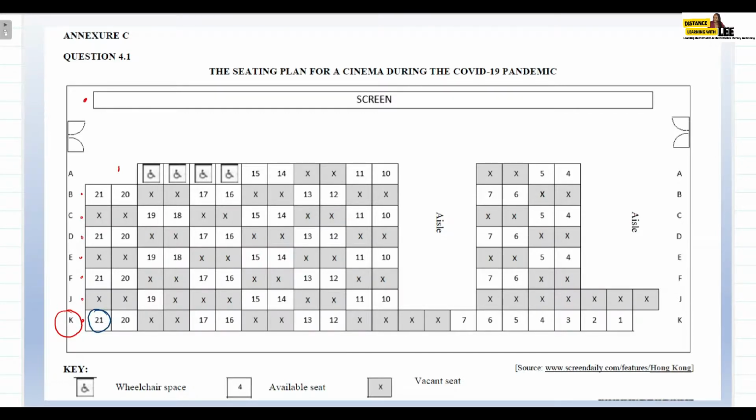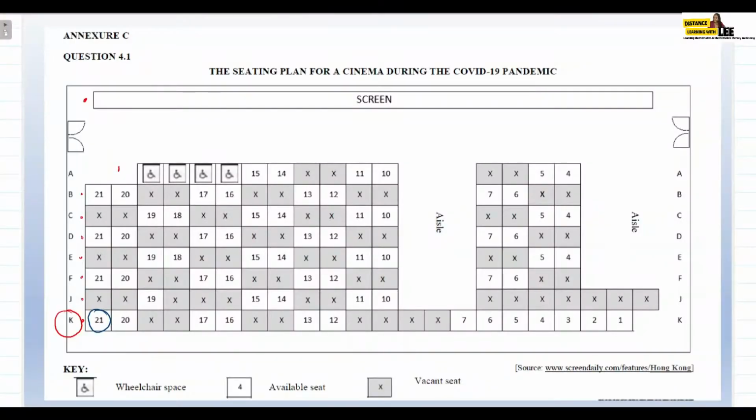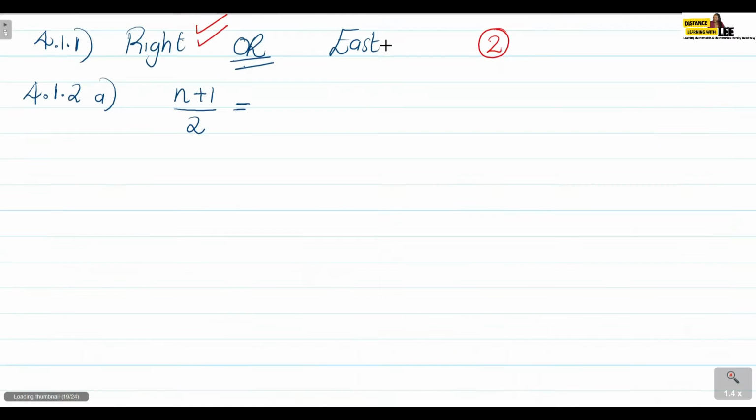But if you've got trust issues and you really want to check, you can just count: 1, 2, 3, 4, 5, 6, 7, 8, 9, 10, 11, 12, 13, 14, 15, 16, 17, 18, 19, 20, 21. So in row number 8 from the screen, we have 21 seats.